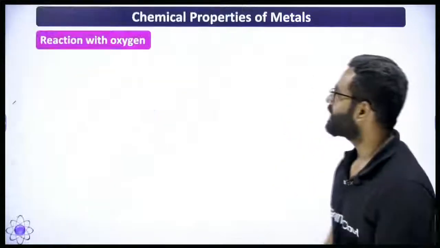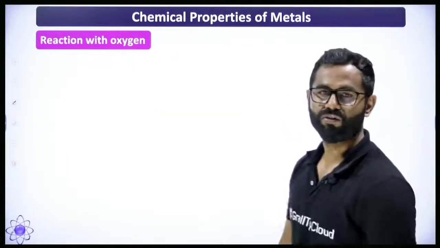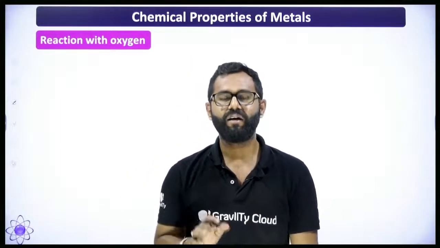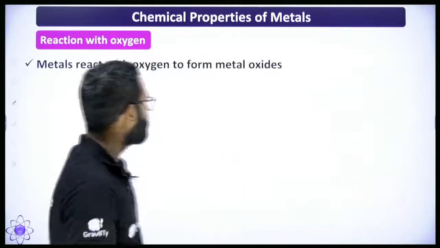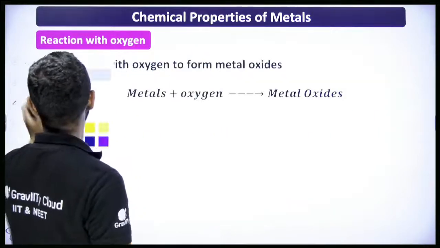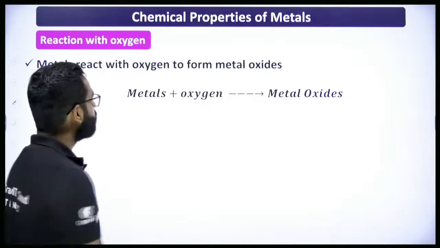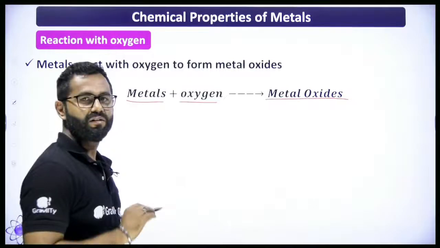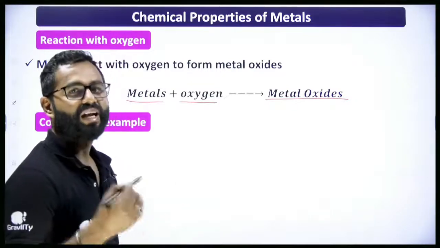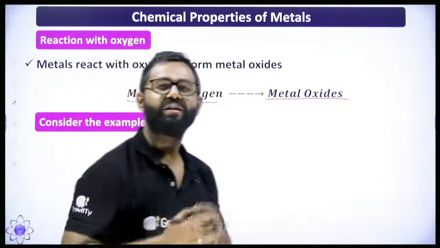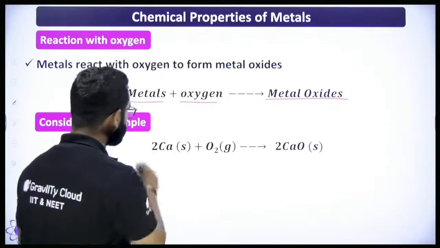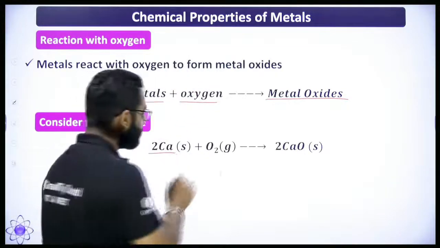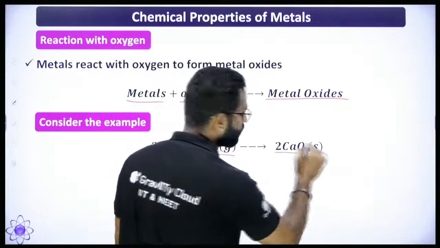The second chemical property is the reaction with oxygen. All the metals react with oxygen to form metal oxides. If you consider a few examples, the first case is calcium. Calcium reacts with oxygen and forms calcium oxide.